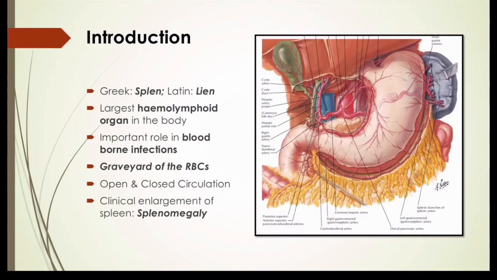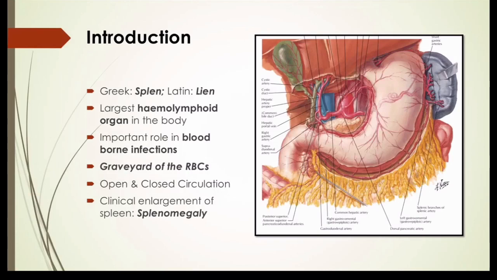In Greek it's called spleen, and in Latin it's called lien. It is the largest hemolymphoid organ in the body. It has a very important role in blood-borne infections. It is commonly known as the graveyard of the RBCs, because the red blood cells, once they start getting old and aged, are eventually stuck into the spleen and they are phagocytosed.